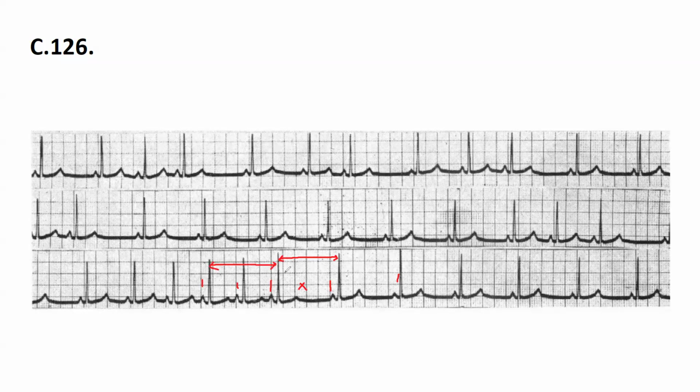As you see by the naked eye, this is longer than this one. That means this is an SA block, Mobitz type 1, second degree. Okay, good.